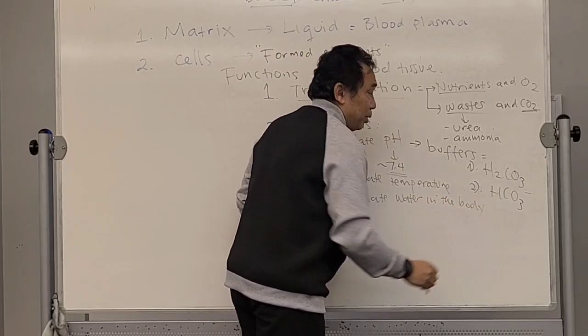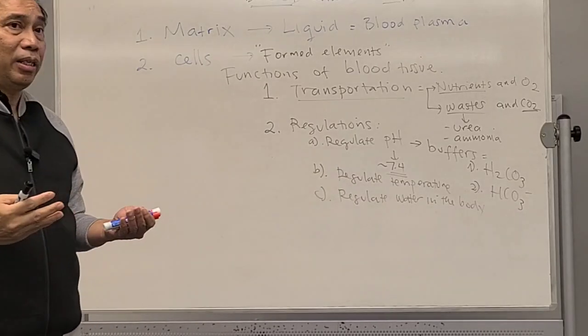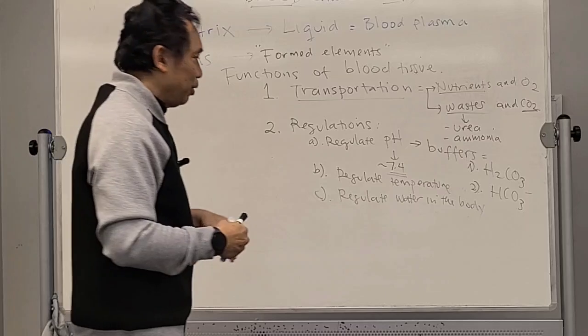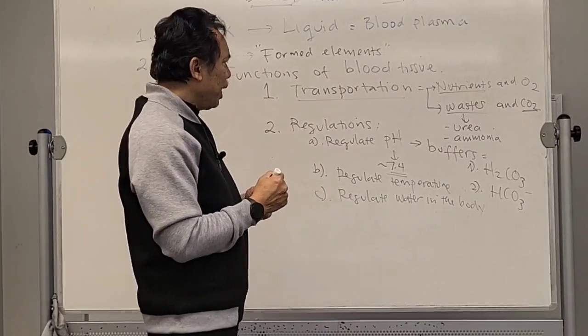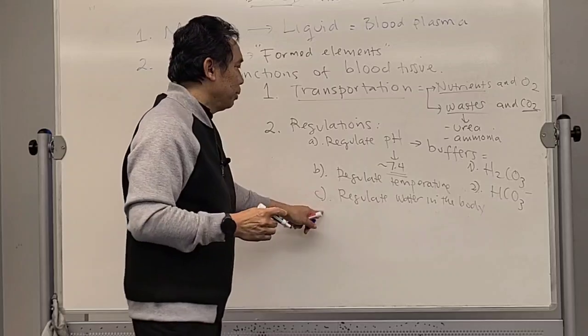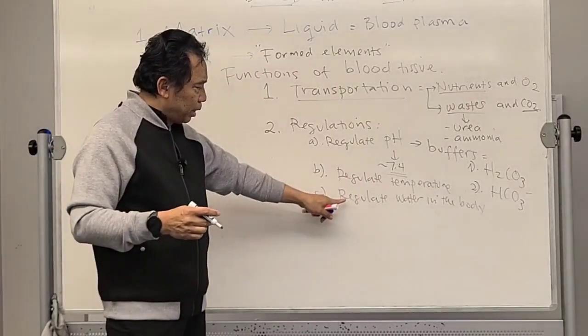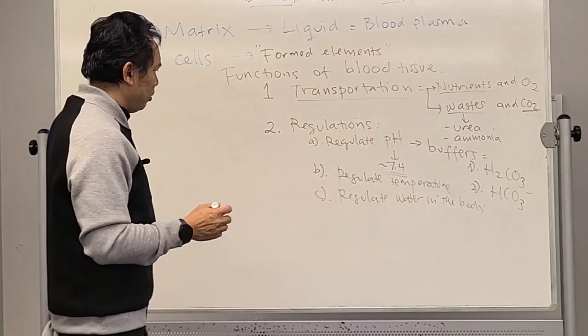So sometimes water may be excreted through the sweat, or sometimes less if you produce ADH, for example. So this is also the regulation of blood, or the function of the blood. Therefore you will be safe from maybe dehydration with this blood regulation.